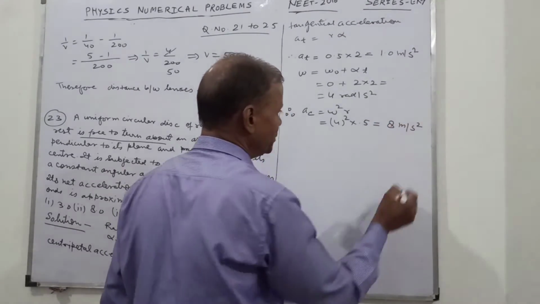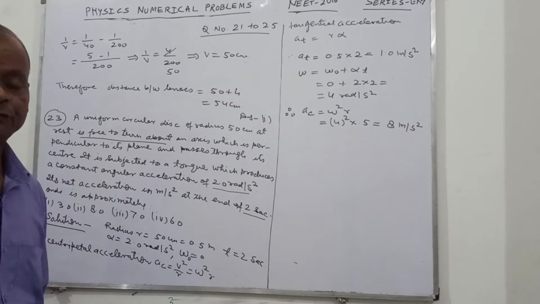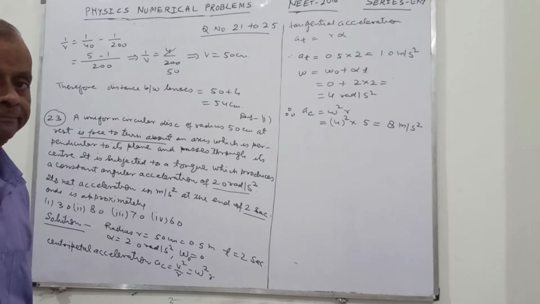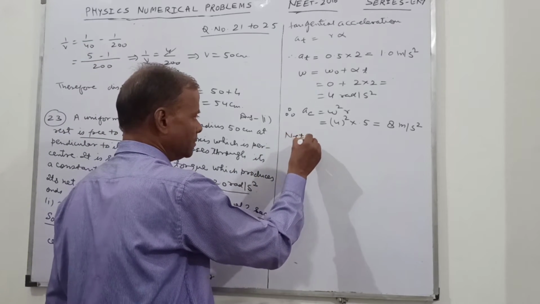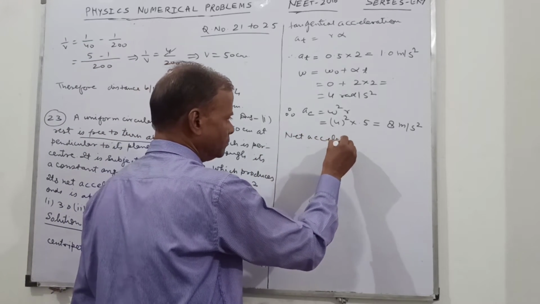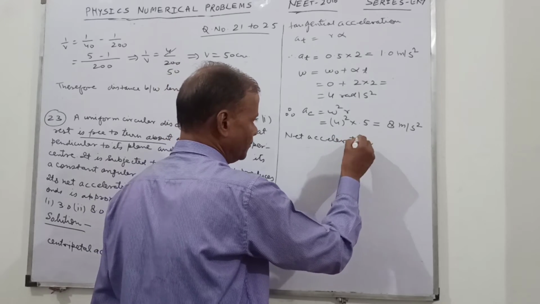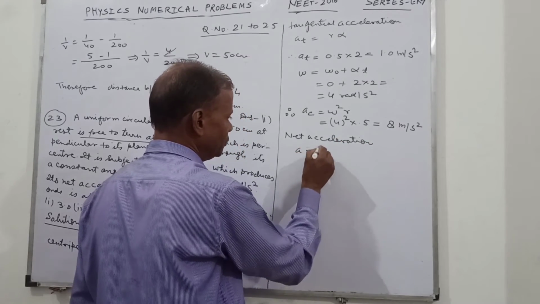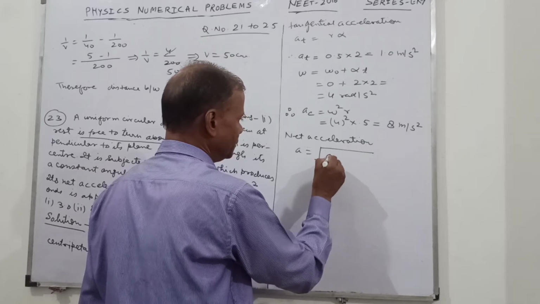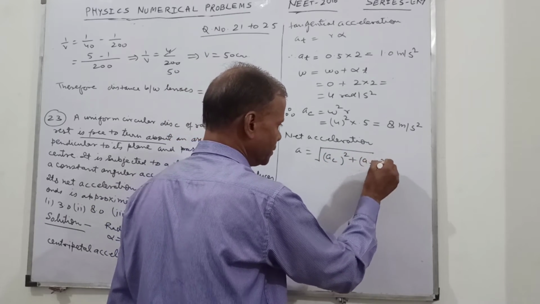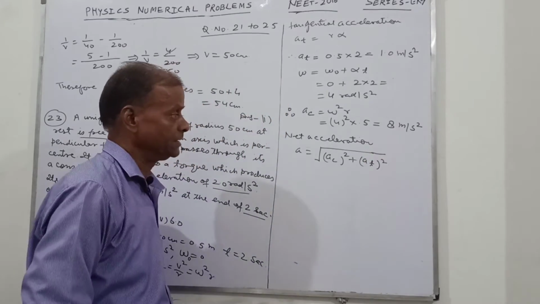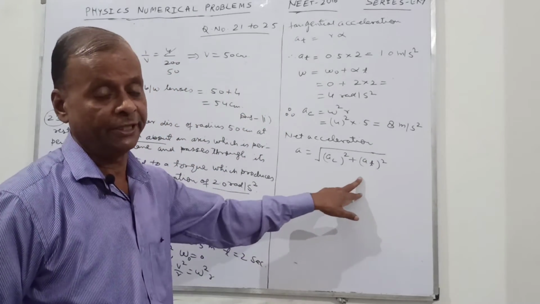Now then you have to find the net acceleration. So net acceleration A equal to square root of AC whole square plus AT whole square. As I told you earlier, these two are mutually perpendicular to each other.